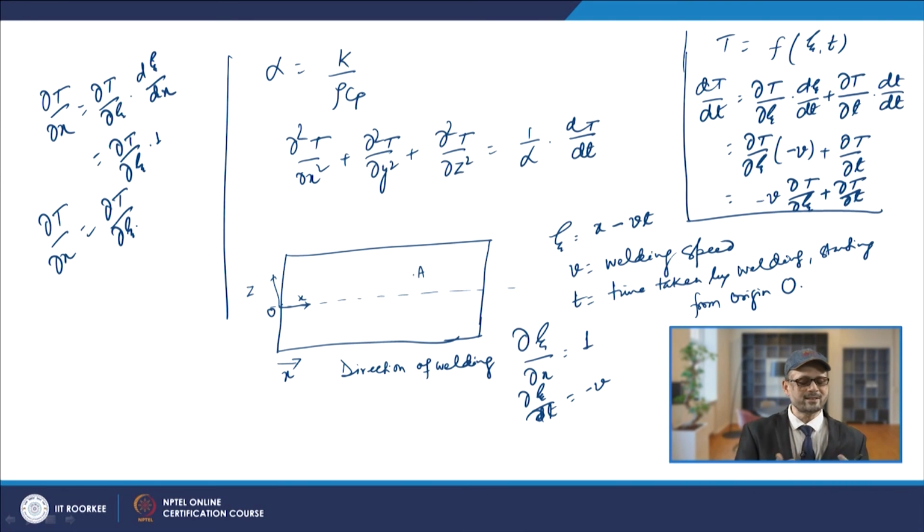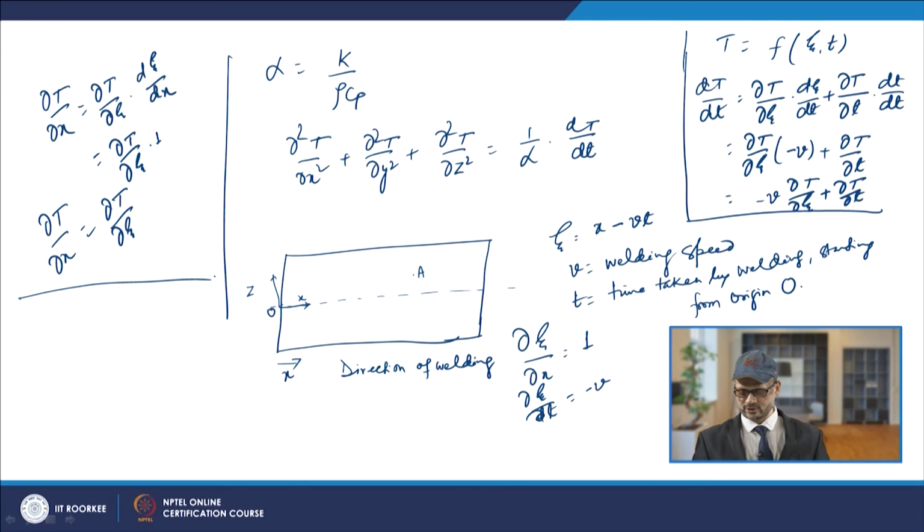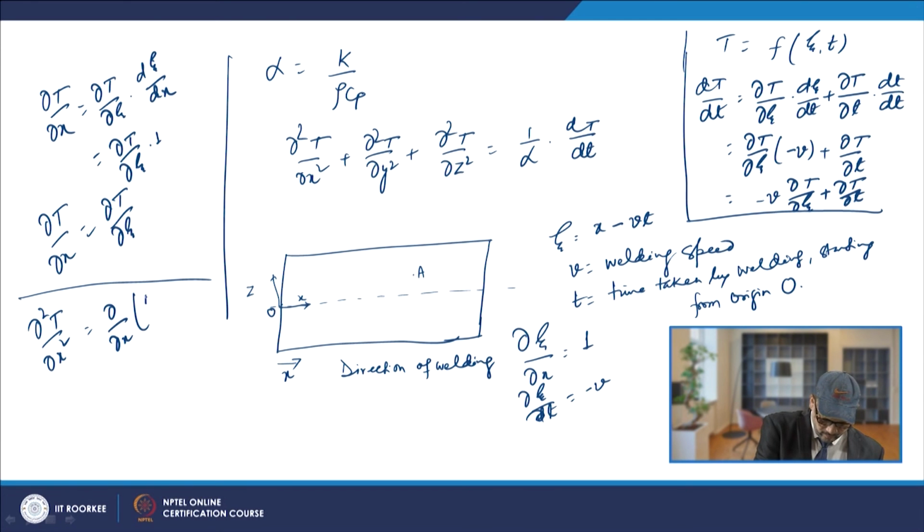If you differentiate further with respect to x, dou square T by dou x square will be dou by dou x of dou T by dou zeta, which you can write as dou by dou zeta of dou T by dou zeta, times dou zeta by dou x, that is d zeta by dx.